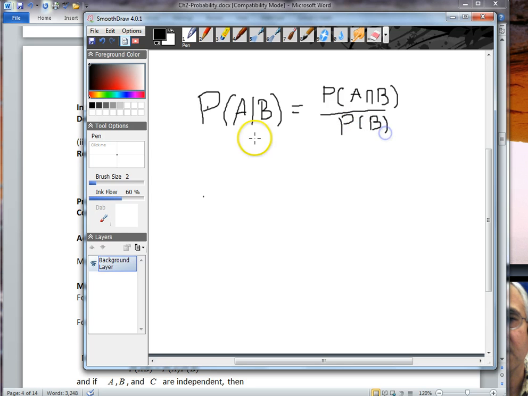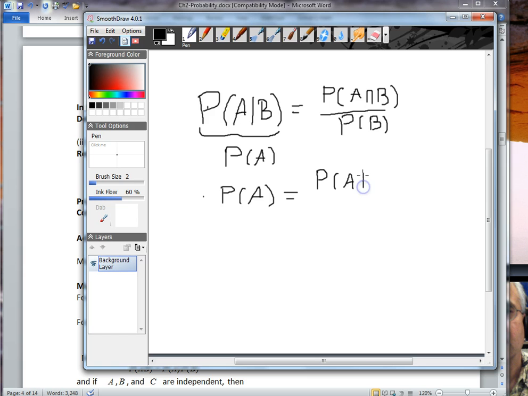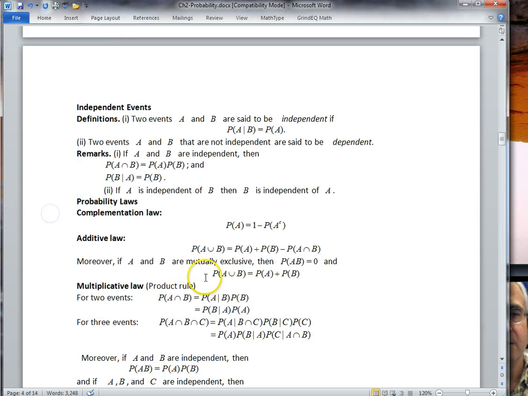But we said the two events are independent. That means P of A given B is going to be the same as P of A. So if this is P of A, then I can replace that here and I will have P of A equal to P of A intersection B over P of B, and you can tell from here that the probability of A intersection B is the probability of A times the probability of B. That's what we have here.